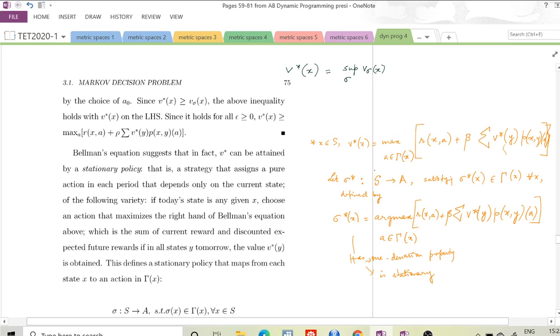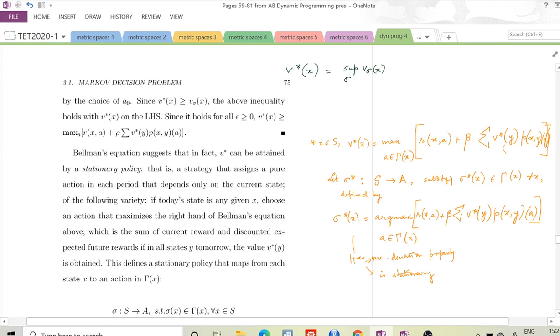state x. So for instance, at any time t, suppose the state is x, so not necessarily at time t equals 0, but I look at this problem starting at any time t, and the initial state at that time t is x, right? And I consider a strategy sigma star, which simply tells me that if the current state is x, you choose a certain action A. So sigma star is a mapping from the set of states to the set of feasible actions, right?